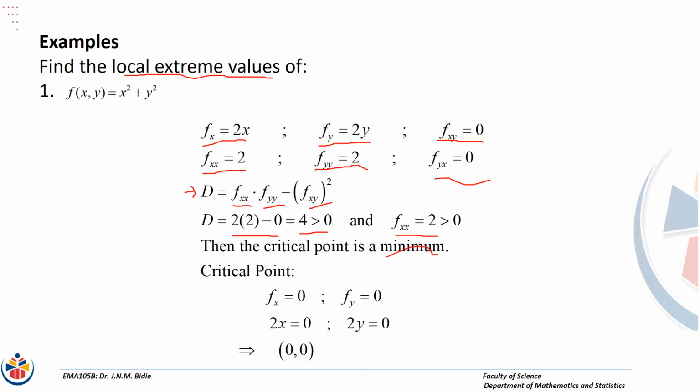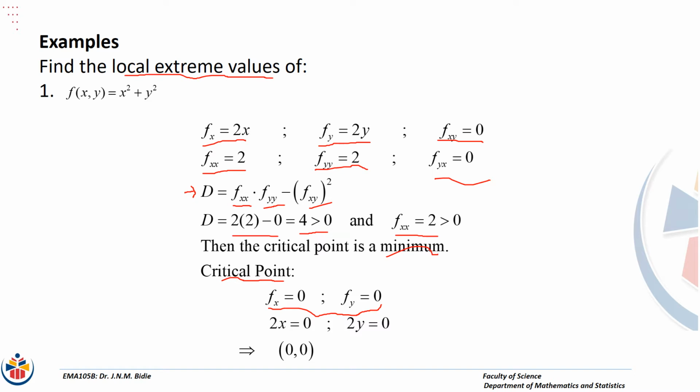But then what is the critical point? Because we need to find the critical point. Remember, in order for you to find the critical point, which is also the stationary point, what do you do? First derivatives, both of them must be equated to 0, and you solve for x and y. Please remember this.